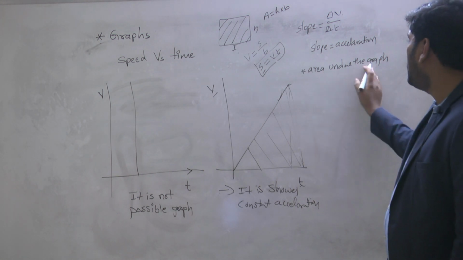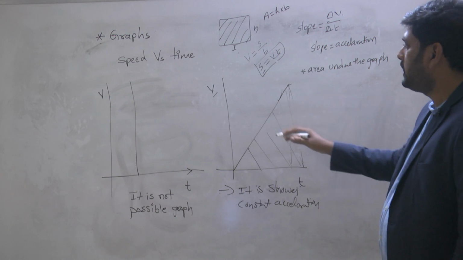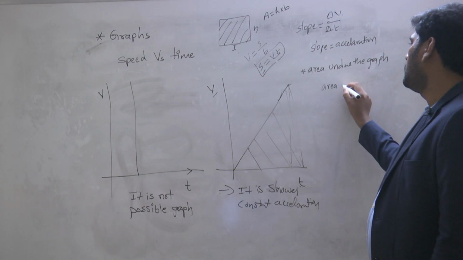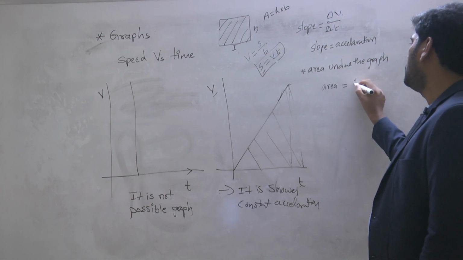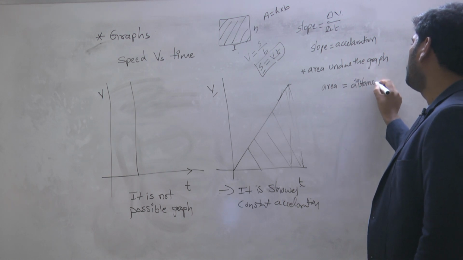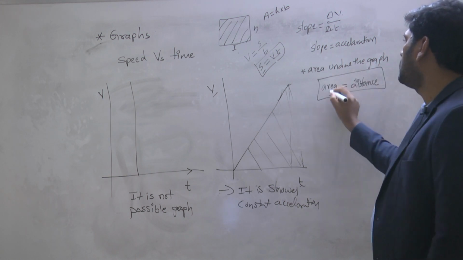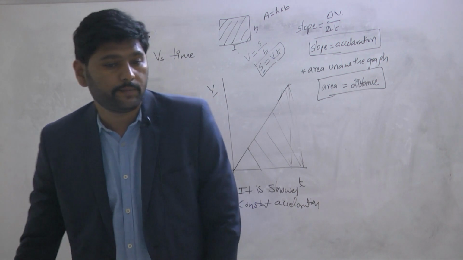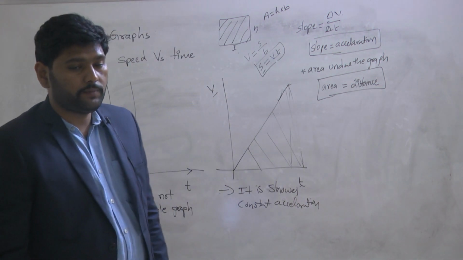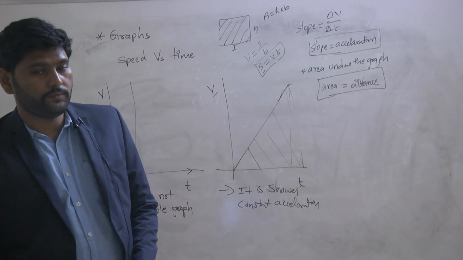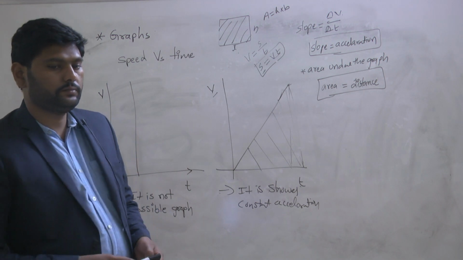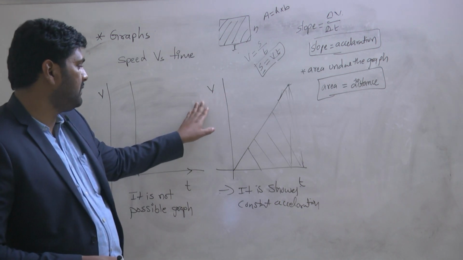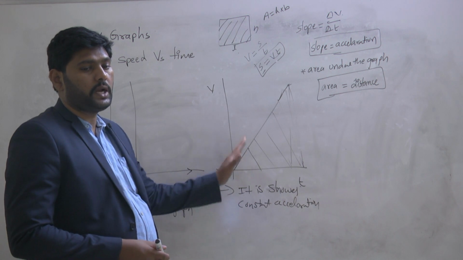So the area under the graph of speed versus time represents distance traveled by the body. Slope represents the acceleration of the body. Note down. Same, speed versus time shows constant acceleration.